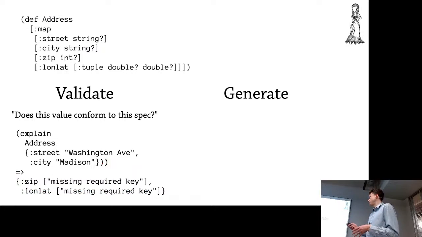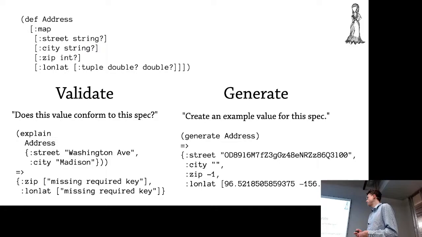So that's validation. Another thing you can do is generate values. You can say, create an example value for the spec. So here you can start to see some of the power of creating specs, which is random testing.